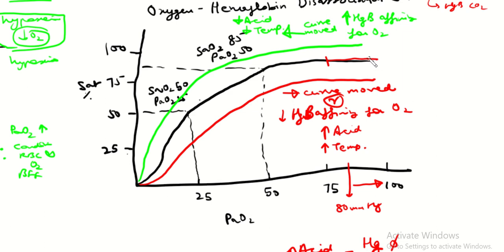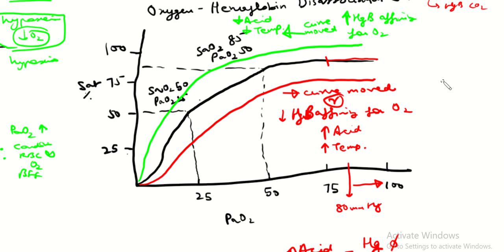That's what this is trying to tell us. It also says there is a significant increase from 50 to 80. The increase is very dramatic from 25 to 50. But this is the curve.